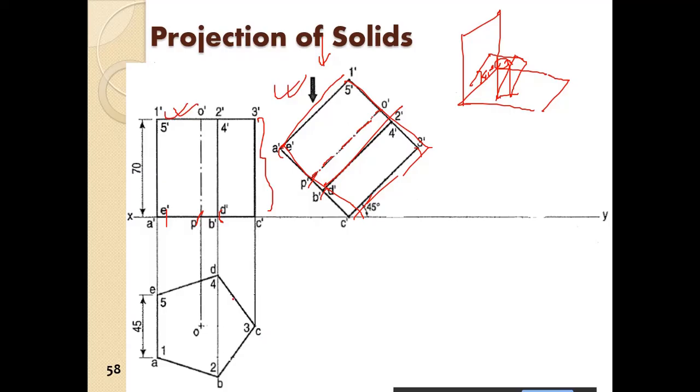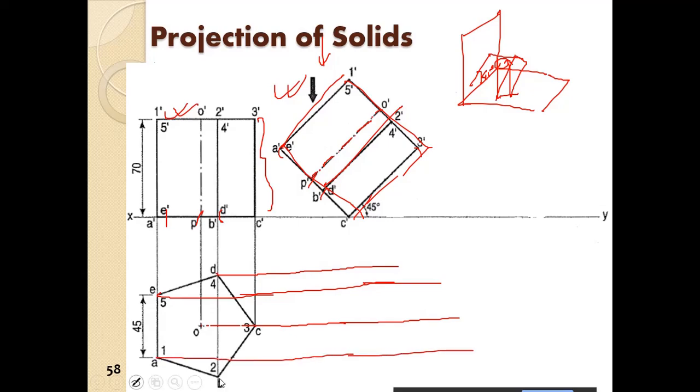When we see from the top, what will we see? In that case, we will first drop horizontal projectors from here, from this point as well, from this point as well, and this point as well.